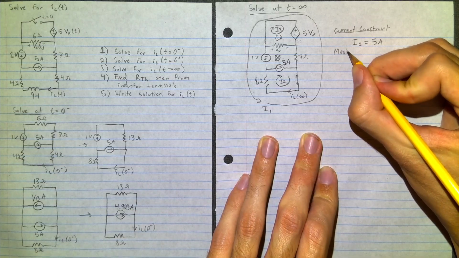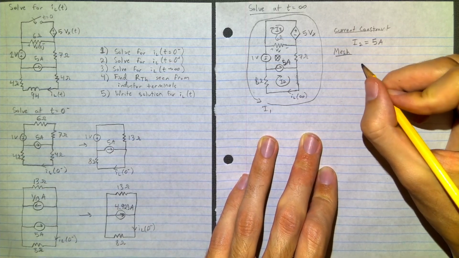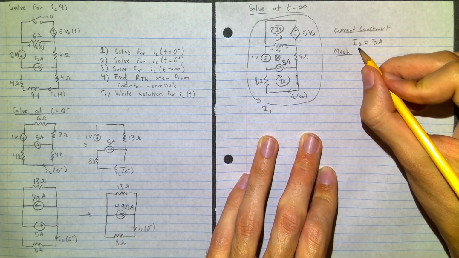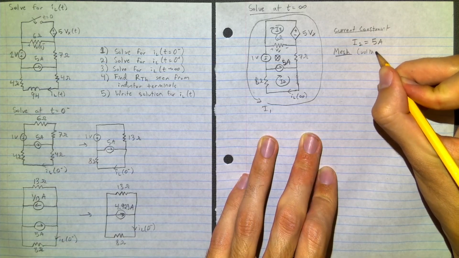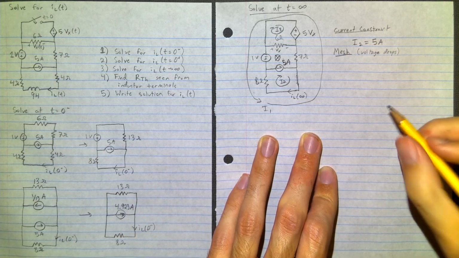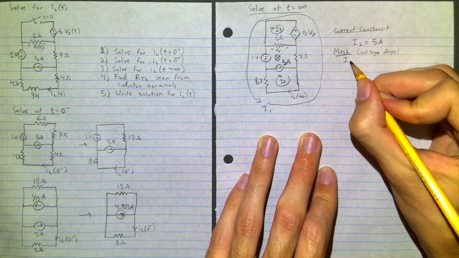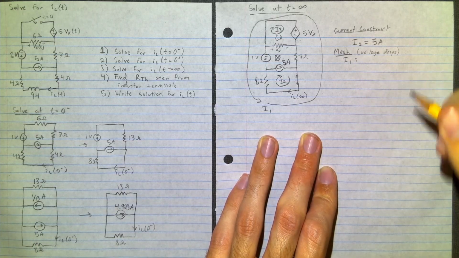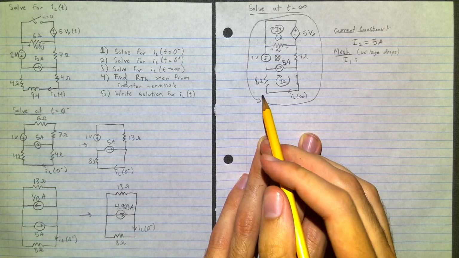Now for our mesh equations, we're going to be counting voltage drops. So for I1, we'll start with the 8 ohm resistor.